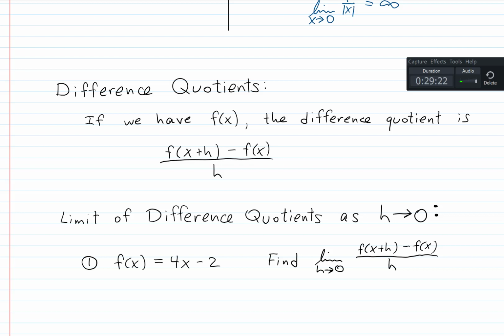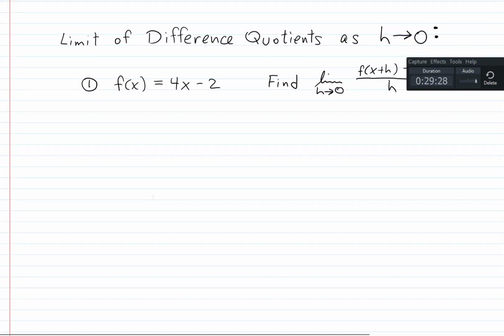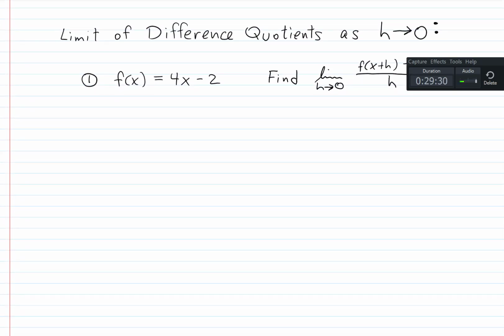Okay? Now, let's work it out. These are not difficult. Well, I mean, some of them can be difficult, but the concept is not difficult. It's just a matter of plugging in x plus h to see what you get. Subtract f of x from that. Divide that all by h. And then let h go to 0.